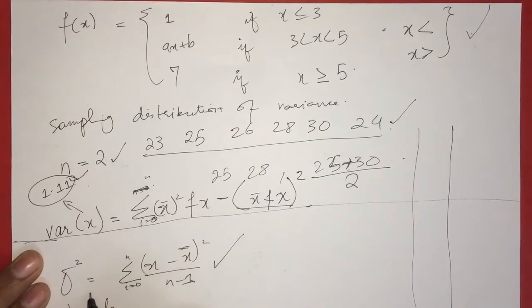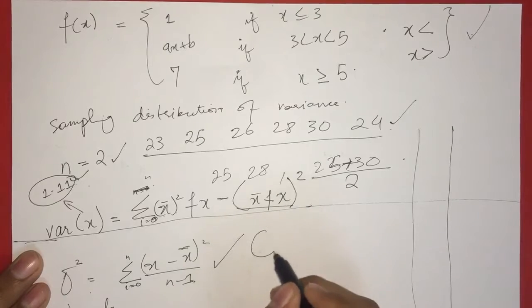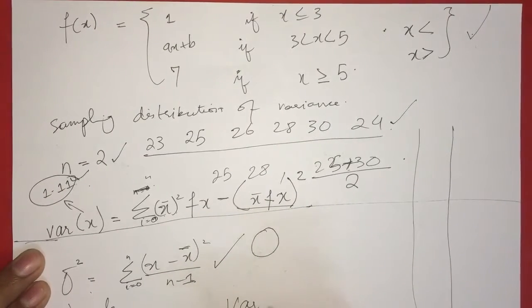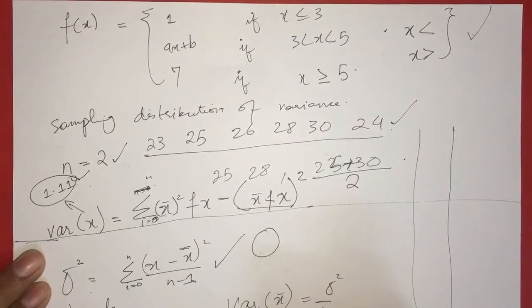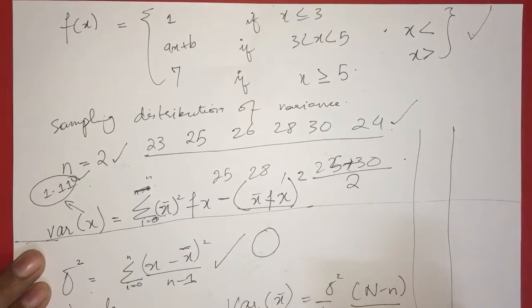And then with this formula we got an answer. Then we put this into the formula sigma square times n divided by n minus 1.